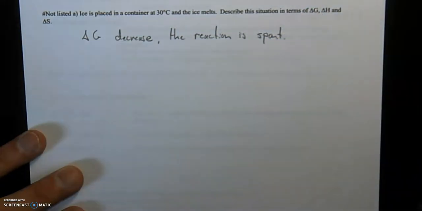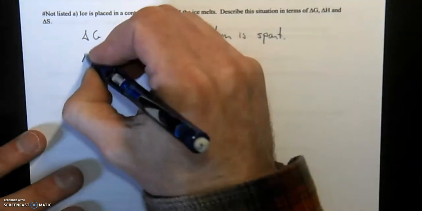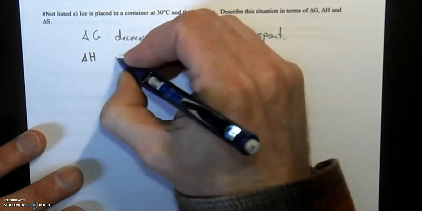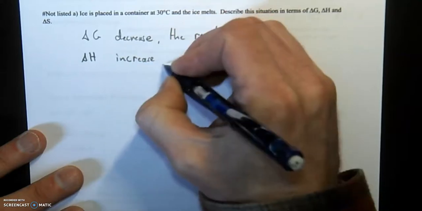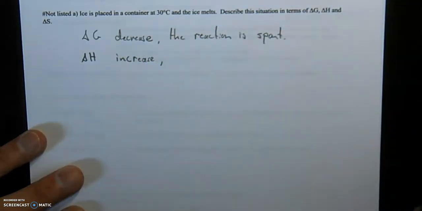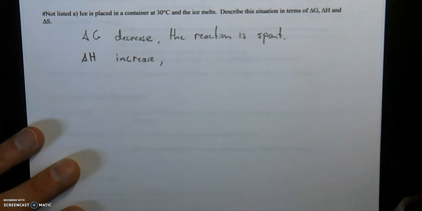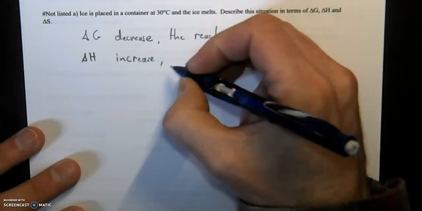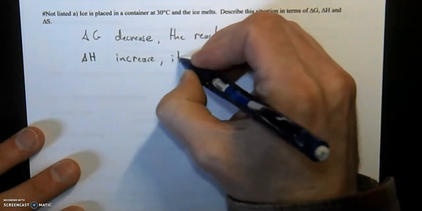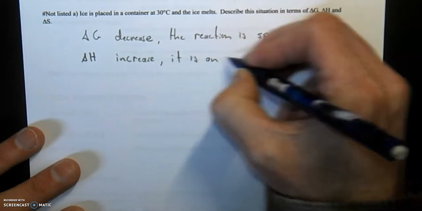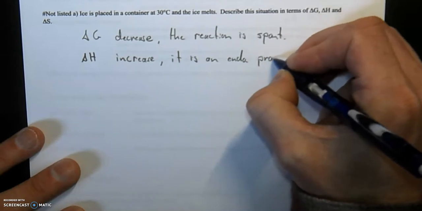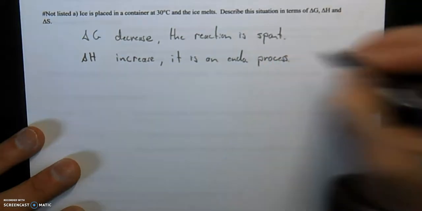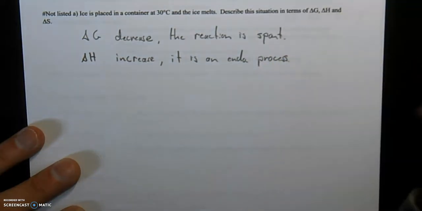Okay, let's look at delta H. That I would assume would increase. Again, I'm talking about the system, which is the ice. That should increase because it is an endothermic process. It's absorbing heat from the surroundings, so it's taking energy in. That's a positive value.